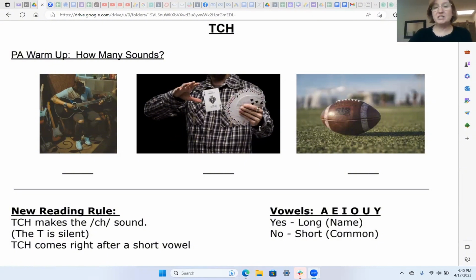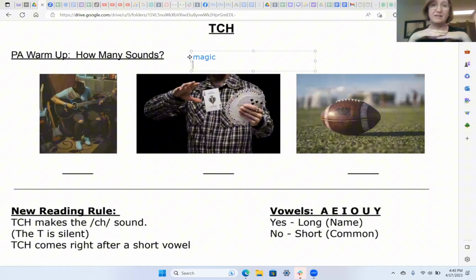So what I wanted to teach you is for spelling. Whenever you hear ick at the end of a multi-syllable word, you're always going to spell it with an IC. I'll say that again. So this is for spelling.